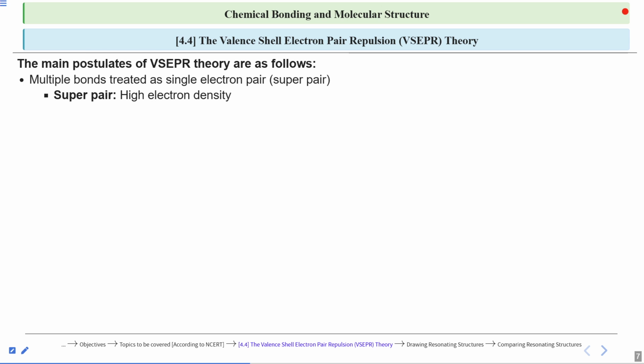Now the shape of CO2 will be linear, and the shape will not depend upon the double bond here, although there are two double bonds, and in the case of BCl2 there were no double bonds, but still they have the same shape. So remember this very important point, that your multiple bond is always treated as a single electron pair, but it has a greater repulsion, and that is the reason it is called a super pair.